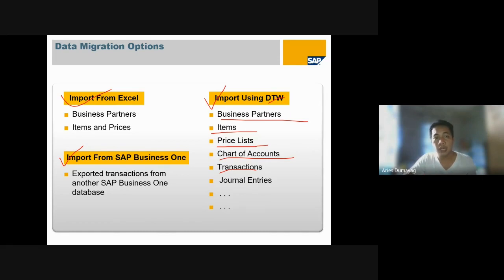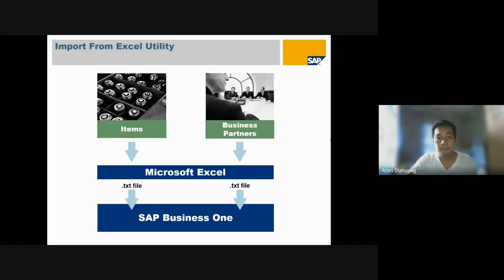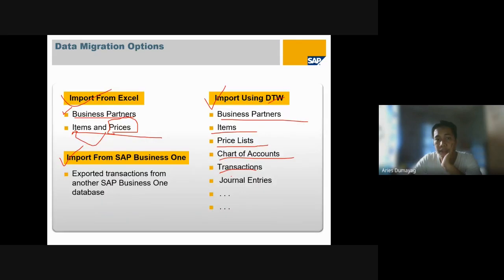So dito tayo, dalawa lang yung pwede nating i-import. Master records lahat, which is business partner master record and items and prices. That includes of course your prices in your individual items. Kasi lahat naman ng items meron na siyang presyo. Okay? So there is an import from Excel utility. No? There are other options also that includes of course in our SAP Business One, no?